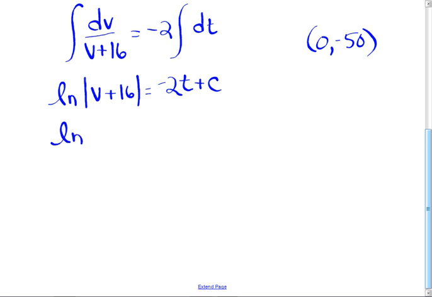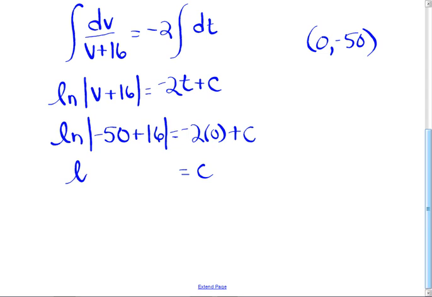It's the log of the absolute value of -50 plus 16 equals -2 times 0 plus C. What's C equal to? What does that give us? 34? So C is equal to the log of 34.